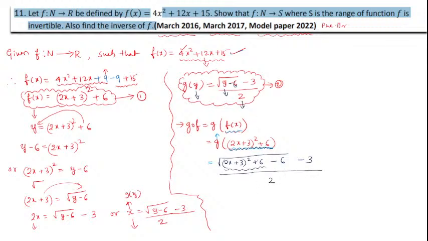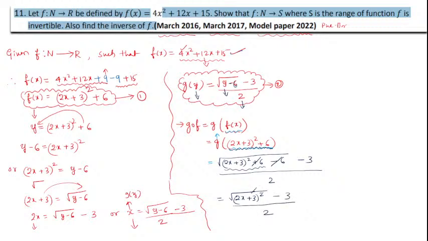After simplifying here, plus 6 and minus 6 will get cancelled, and then what is left? Root of 2x plus 3 whole square minus 3 whole divided by 2.